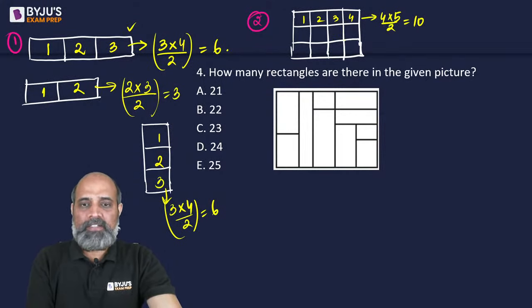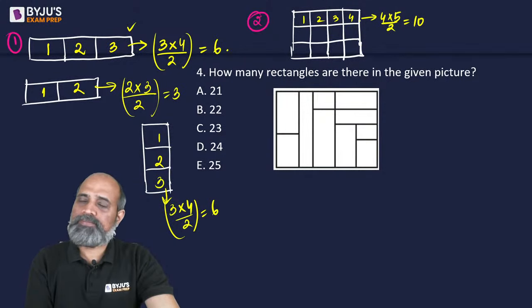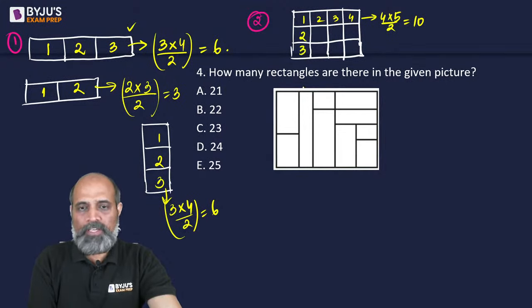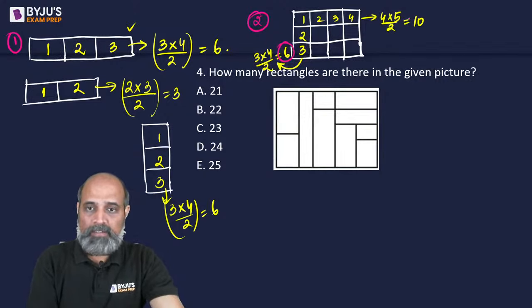Right? And then you're going to do 1, 2, 3, the last part, which is 3 into 4 by 2, which is going to give you 6. Then you are going to multiply these two and you will get the total number of rectangles here.